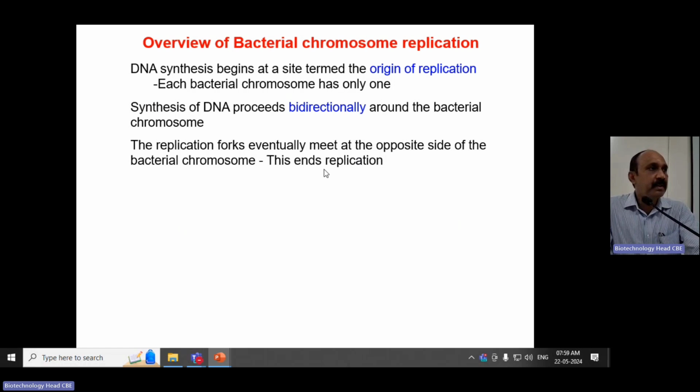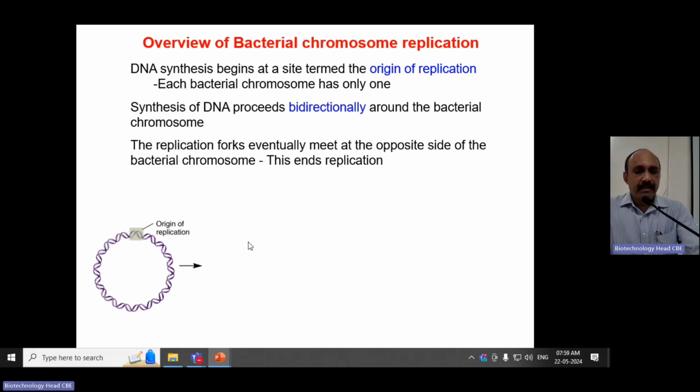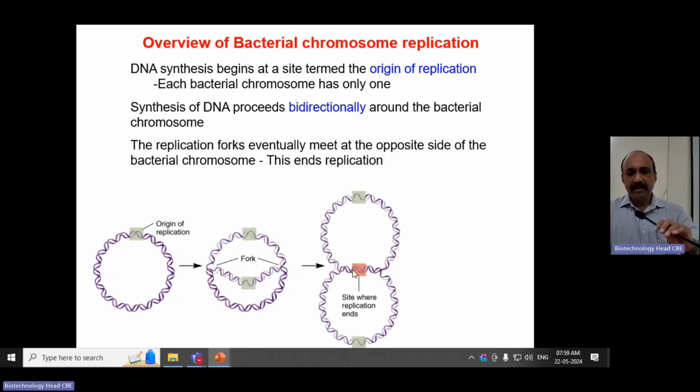Starting with the origin of replication, the replication fork proceeds bidirectionally, one this way and the other that way, so that the two DNA molecules separate, and this ends where the replication forks meet.